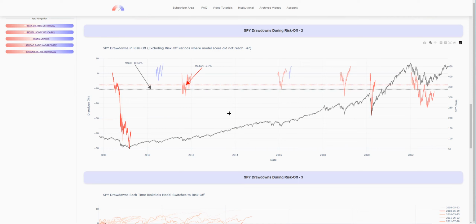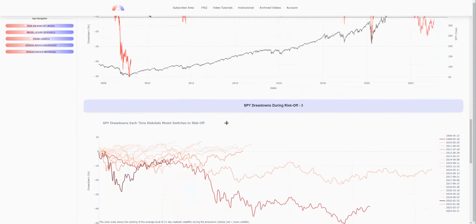As you can see, in that case, there have only been two periods where the Riskdial gave you a bum signal, let's say, and every other time it gave you a very, very large drawdown, i.e. the mean was over 10% and the median was 7.7%. So it helped you to avoid a very major stock market loss.